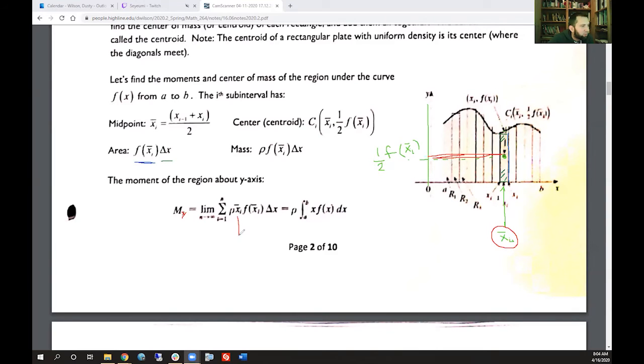And so in that moment about the y-axis, you see all those xi's showing up. We have an infinite number of them, so there's going to be a Riemann sum and a limit. After we convert that to a definite integral, we have a formula for the moment about the y-axis as rho times the integral from a to b of x, the distance from the y-axis, times f of x dx.